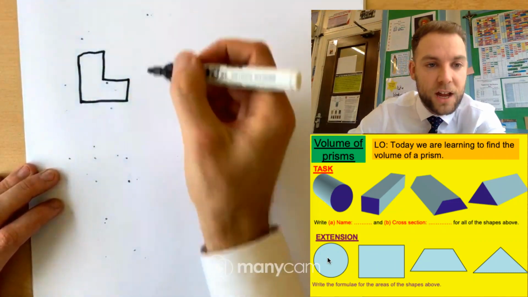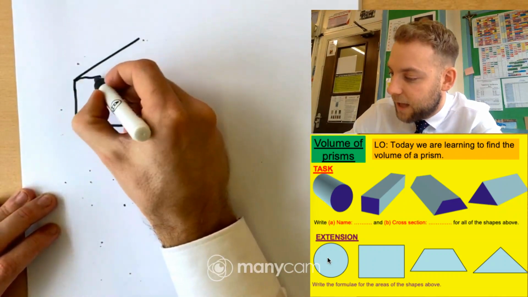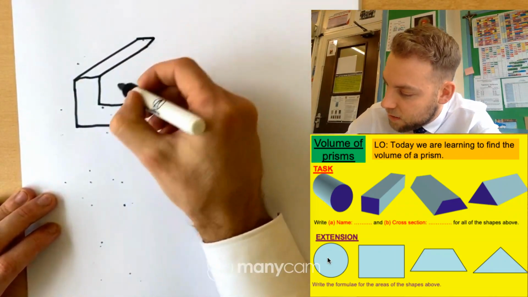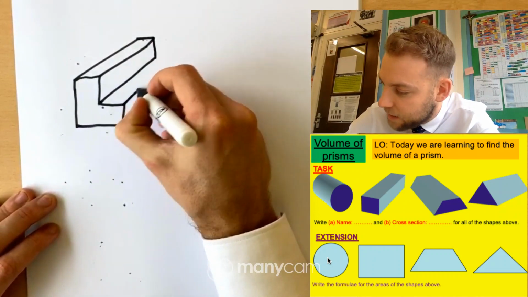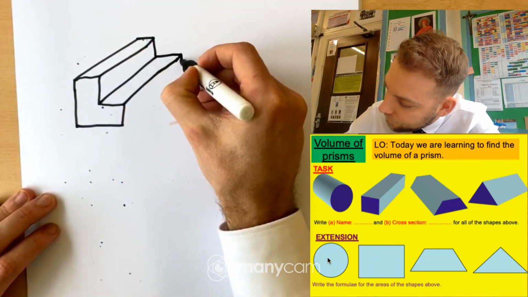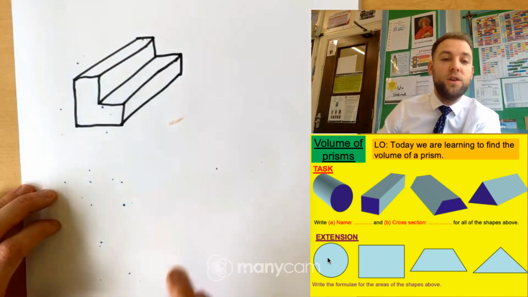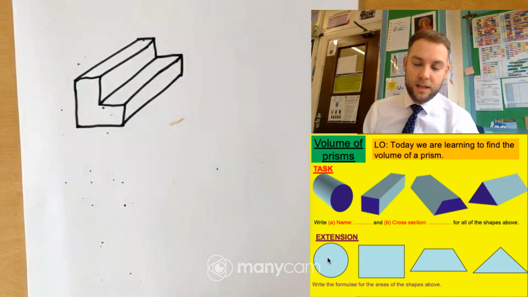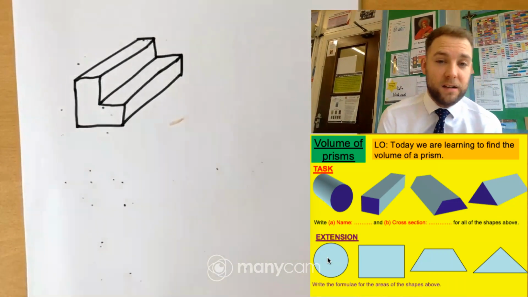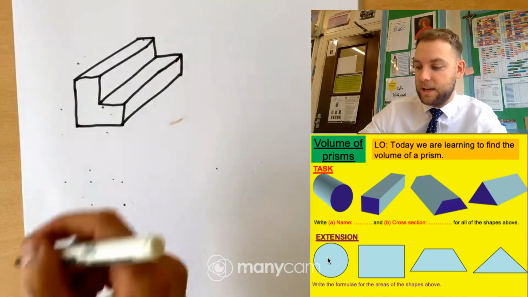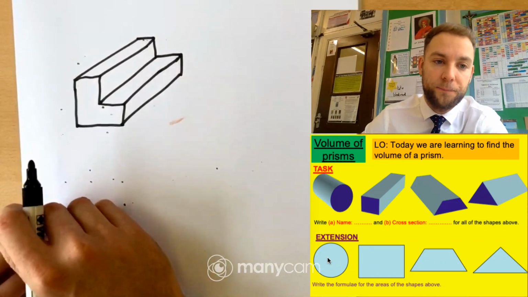Have a look at that L shape. And if you know the area of the front of that L shape, then you can work out the volume. Because the formula, in fact, write this down if you've got your books, because this is the important part.